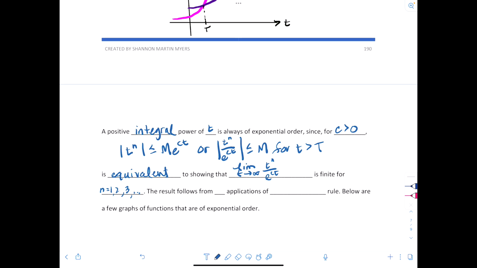The result follows from n applications of L'Hopital's rule, which we're not going to do today.